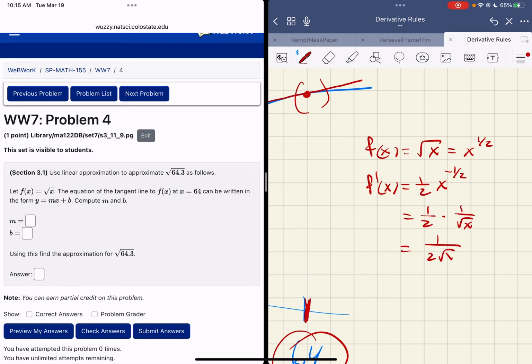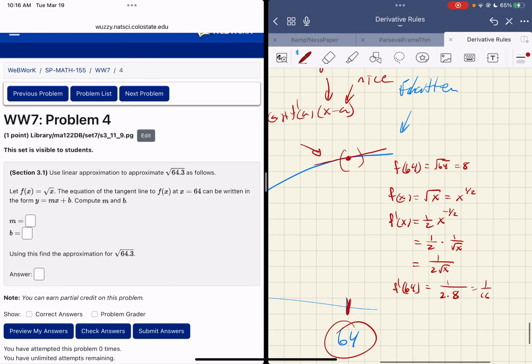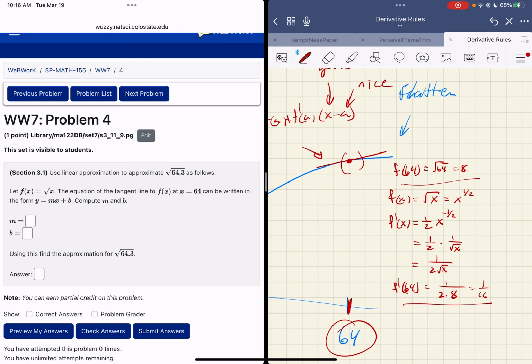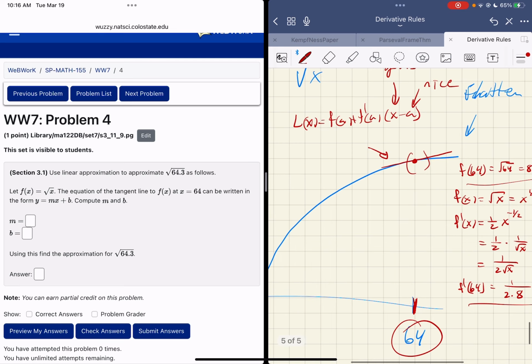Okay, anyway, so, what is f of 64, aka the square root of 64? That is 8. All right, what is f prime of 64? This is 1 over 2 times square root of 64 is 8. So that's 1 over 16. Okay, so I have this information and that information, and I'm going to do the linear approximation.